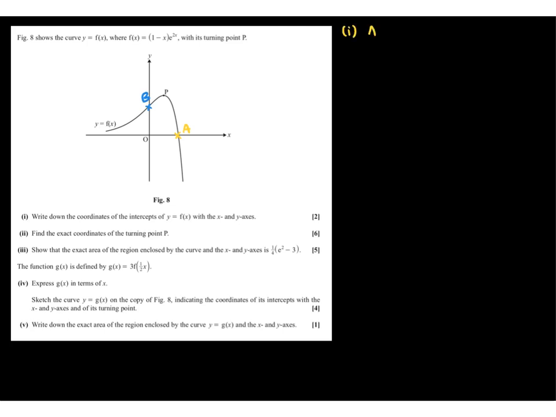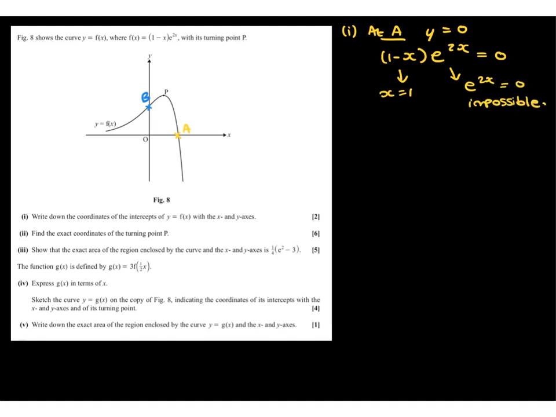So part 1, at A, we know y is equal to 0. So 1 minus x e to the 2x is equal to 0. So either x equals 1, and then the other alternative here would be e to the 2x equals 0, but that is impossible.